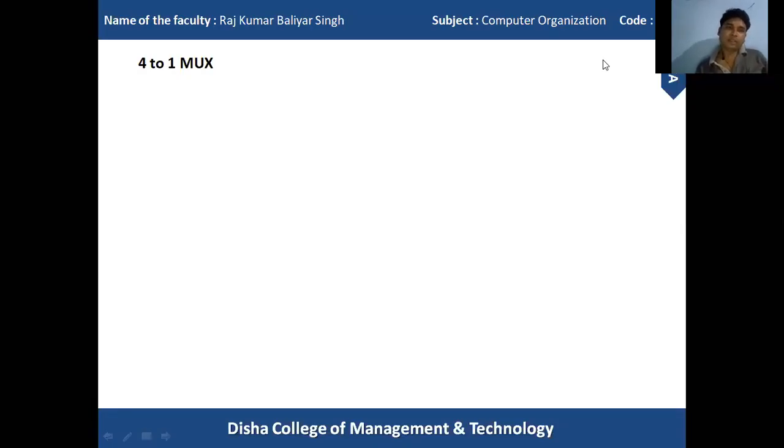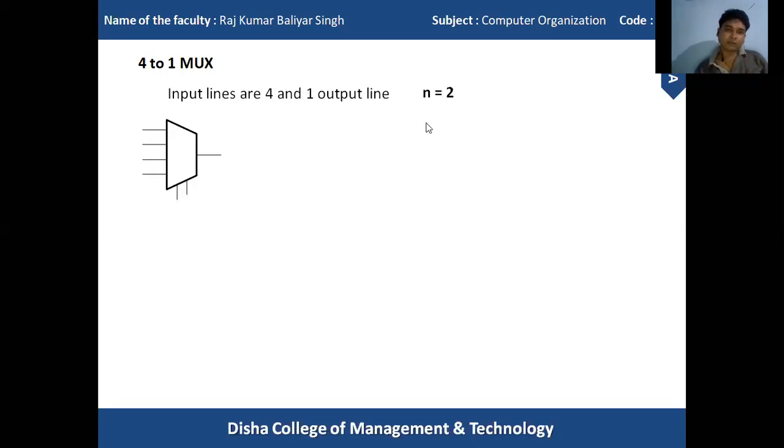Okay, let's see the 4 to 1 mux. In a 4 to 1 mux we have 4 input lines and 1 output line, and the select lines should be 2 as per the rule 2 to the n, where n is the number of select lines and 2 to the n is the number of input lines. So this is the block diagram for the 4 to 1 mux.